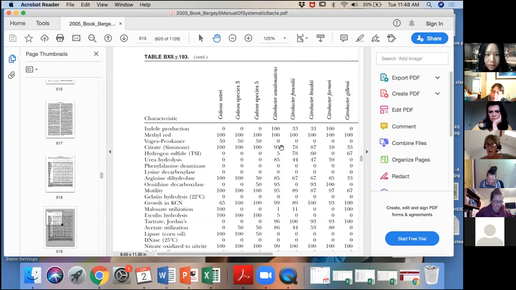So on your chart, if you have Citrobacter, which you don't, you would put positive for indole, positive for methyl red, negative for VP, and positive for citrate. The problem is if you have a 33, what you would do is put a V for variable, and then put parentheses 33, meaning it's too iffy.